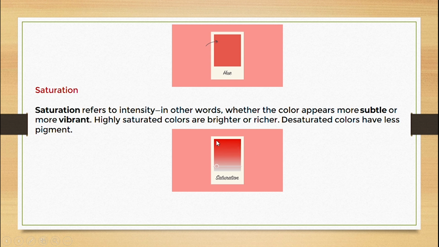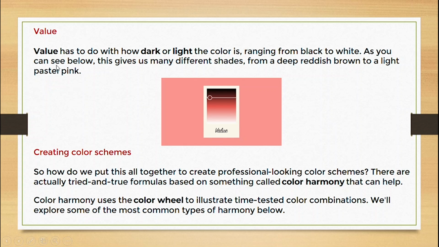So moving on, values. Value has to do with how dark or light the color is, ranging from black to white. As you can see below, this gave us different shades from a deep reddish brown to a light pastel pink. Here, this is the hues we have.